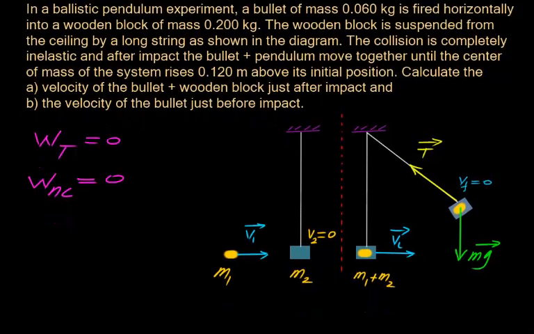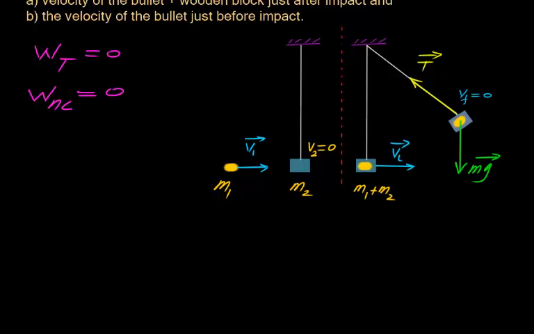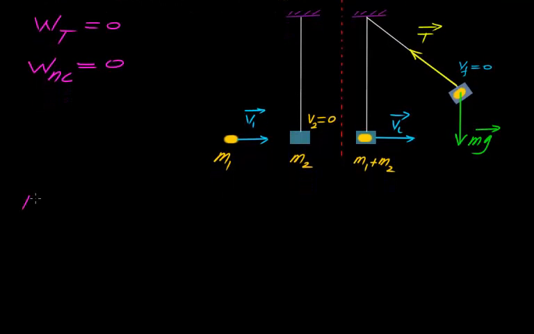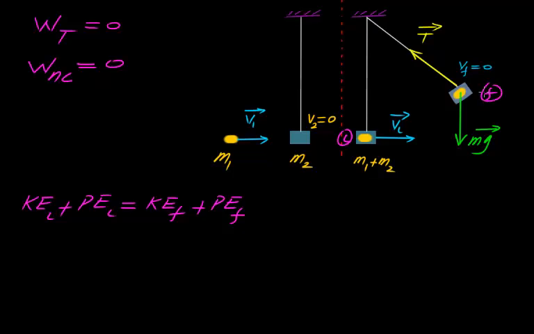For that reason, it is possible to use the conservation of energy principle, where the kinetic energy initial plus the potential energy initial is equal to the kinetic energy final plus the potential energy final. The initial point is going to be chosen where the mass is located at its lowest point, and the final point is that one where the mass is located at its highest point.